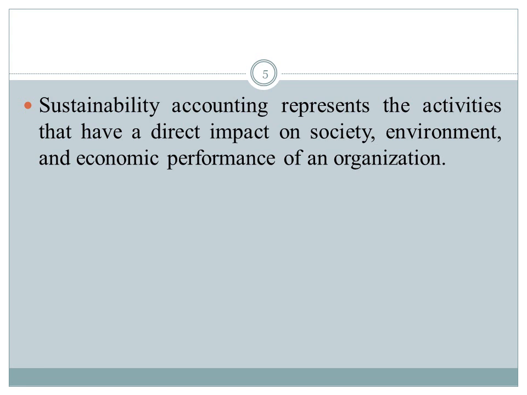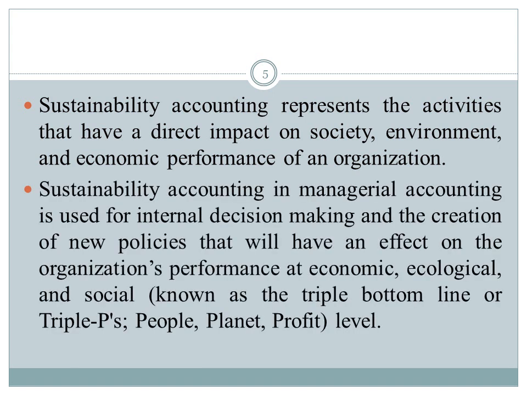Sustainability accounting represents the activities that have a direct impact on society, environment, and economic performance of an organization. Sustainability accounting, in accordance with managerial accounting, is used for internal decision making and the creation of new policies that will have an effect on organizations' performance at economic, ecological, and social levels, known as the triple bottom line or triple P's: people, planet, profit.